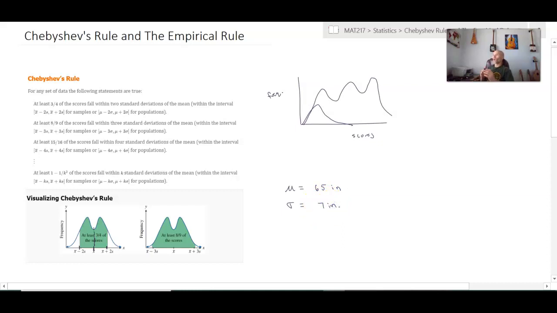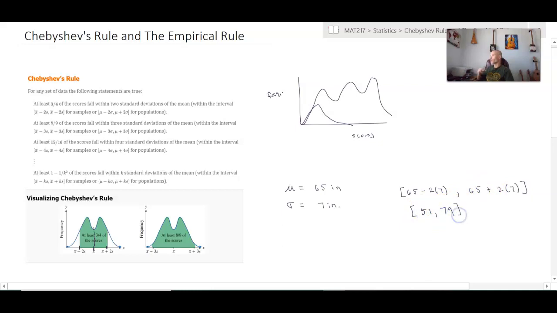Well, if I want to describe 3/4 of the people in my population, what I can do is look at this interval: mu minus 2 times sigma and 65 plus 2 times sigma. That's going to give me 51 to 79.